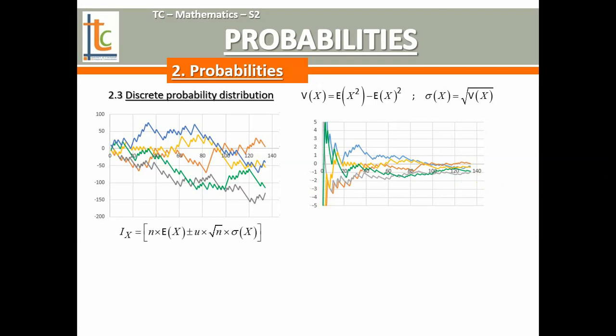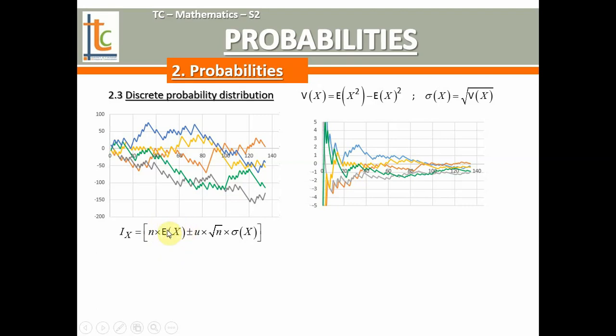In fact, there exist confidence intervals to try to forecast what could happen for every possible player and every possible game. It's stated that the center of such a confidence interval will be the number of trials multiplied by the expected gain. Okay?